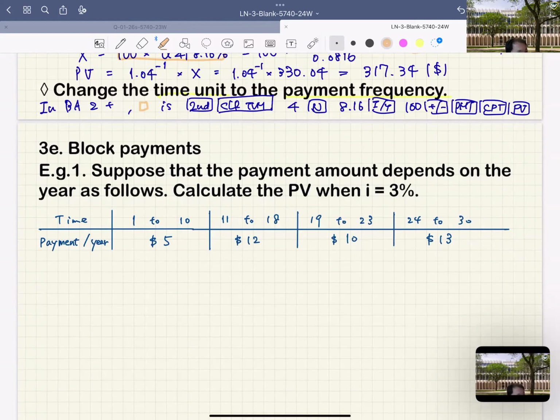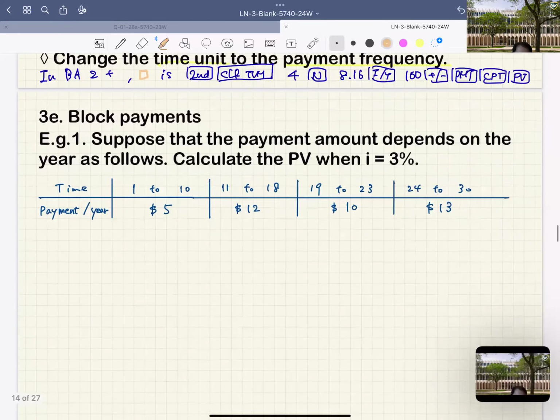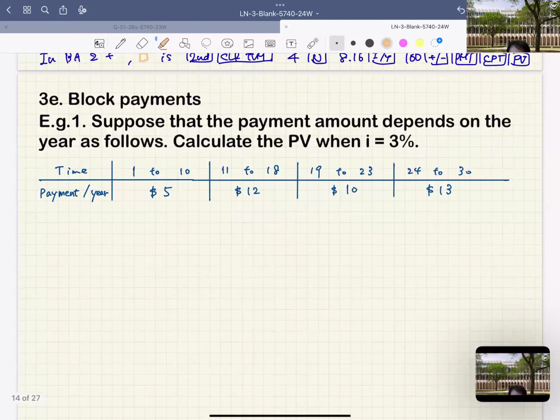Okay, so the next topic is block payments. So block payments look like this. Suppose that the payment amount depends on the year as follows, and we want to calculate the PV when the annual effective interest i is equal to 3%. For t equal to 1 to 10, you will receive $5 a year.